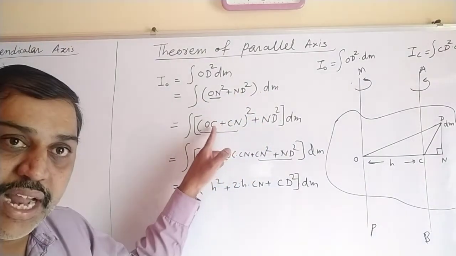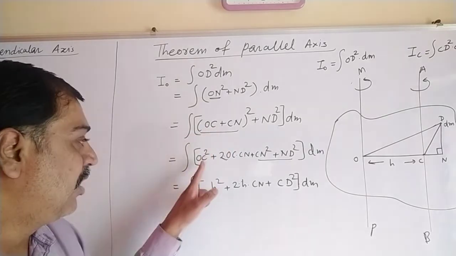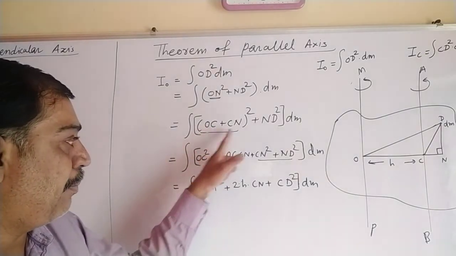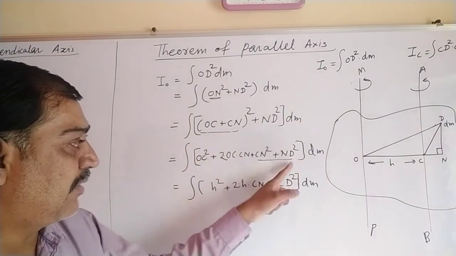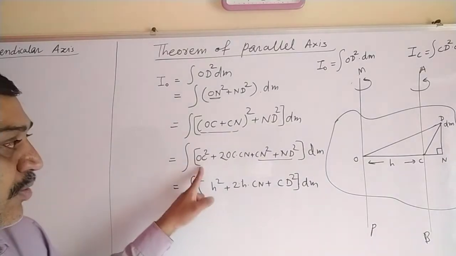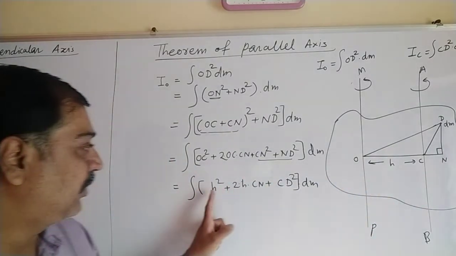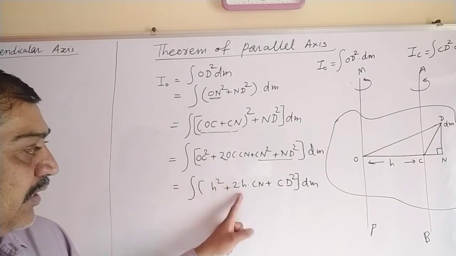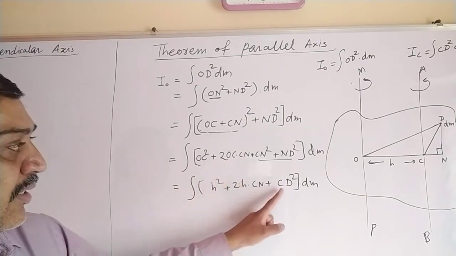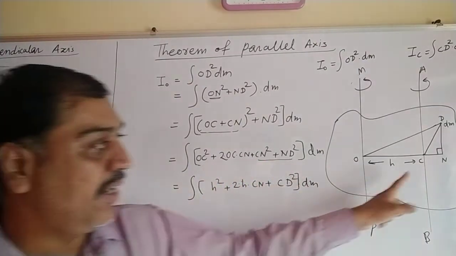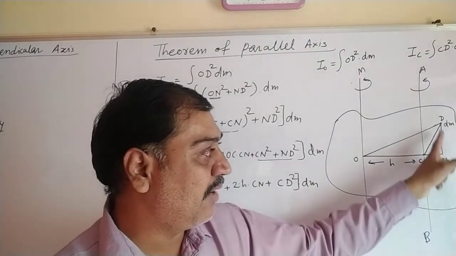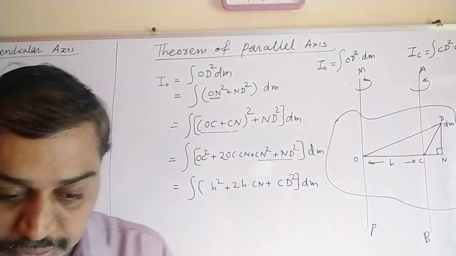So use the formula for (a plus b) whole square: a square plus twice ab plus b square, plus ND square as it is. Now OC is h. So h square plus twice h into CN plus CN square plus ND square, and CN square plus ND square is CD square. So we reach this equation.